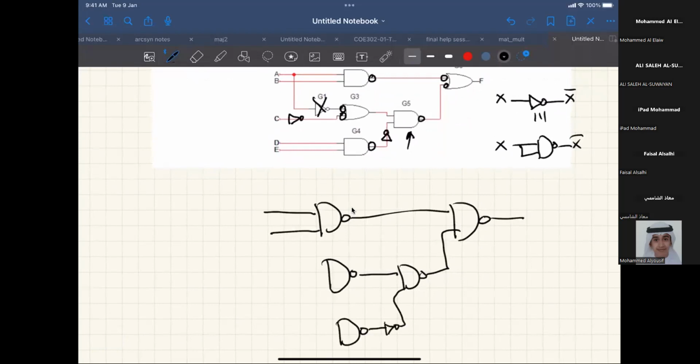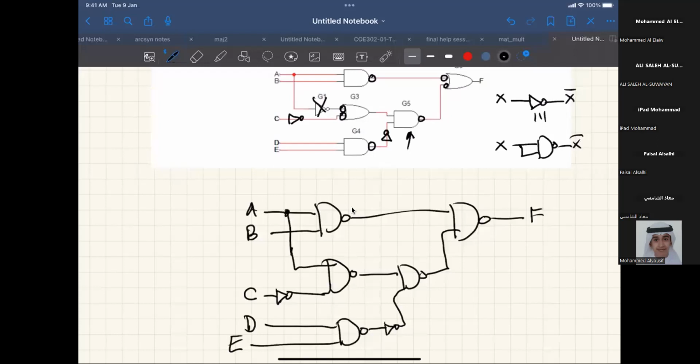And then here we have A and B. And we have C here, in which we use an inverter. And finally, we have D and E untouched. Okay, this is your F. Clear? Yes. Okay. Thank you.